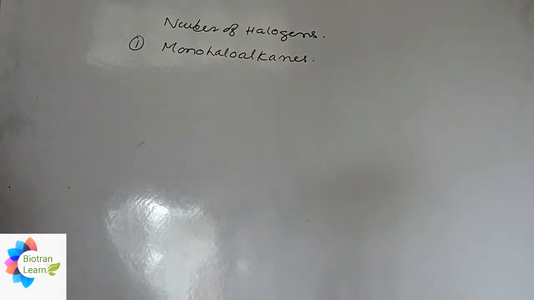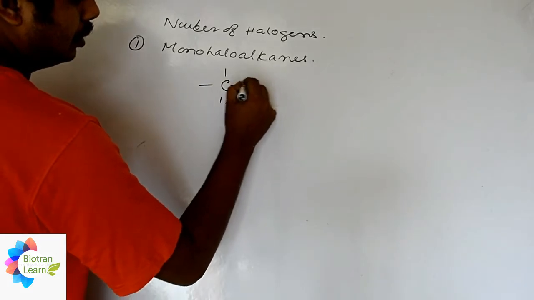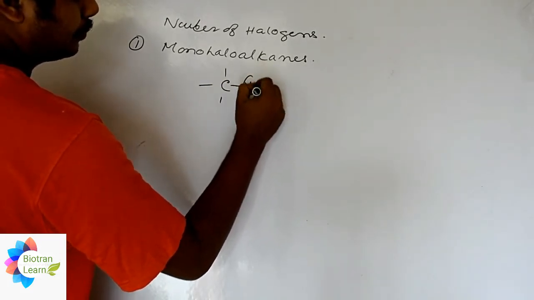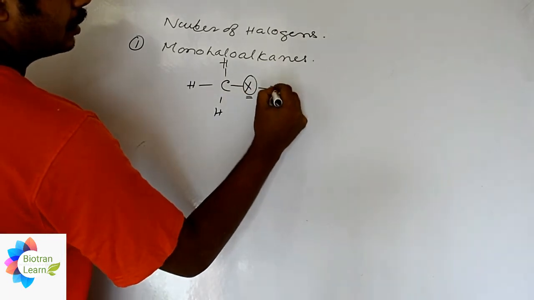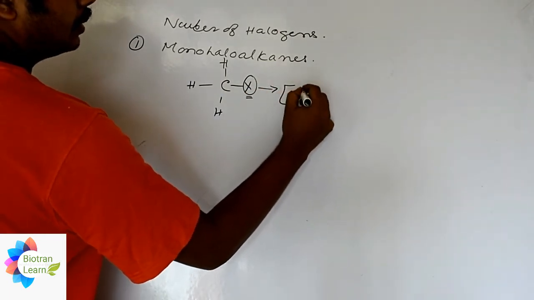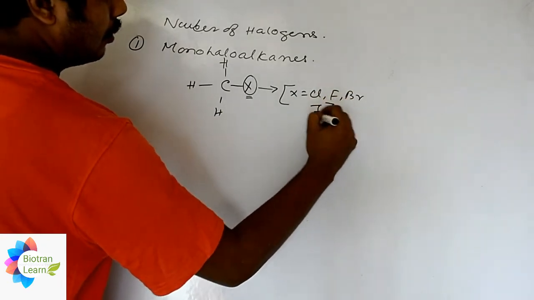As they will have only one single halogen atom in the structure, right? Like this one, we can have this one. This will be a monohaloalkane structure where X is equal to Cl, F, Br and I, right?